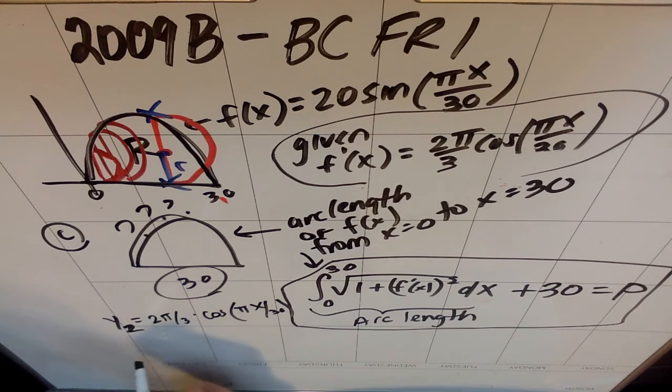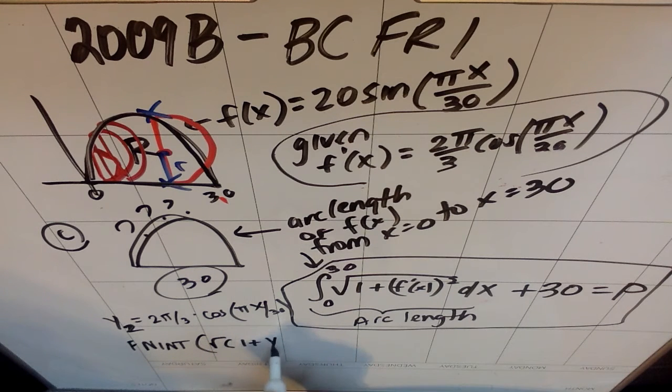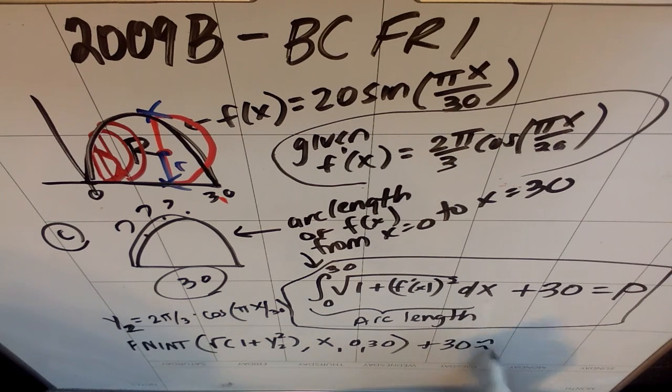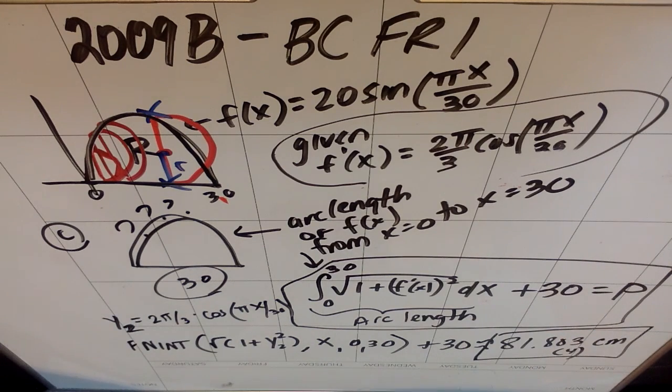That's going to be my y2. I'm then going to press math 9, which is function integrate, and I want to integrate the square root of 1 plus y2 quantity squared, close the parenthesis, with respect to x from 0 to 30. I'm going to take that answer, which gives me the arc length, and add it to 30, and what I'm going to end up getting is 81.803 or 4, depending if you round or truncate, and it's centimeters because it's a length, not an area or a volume.